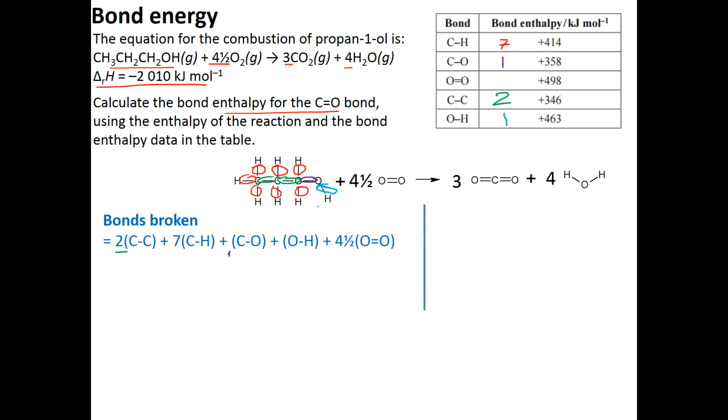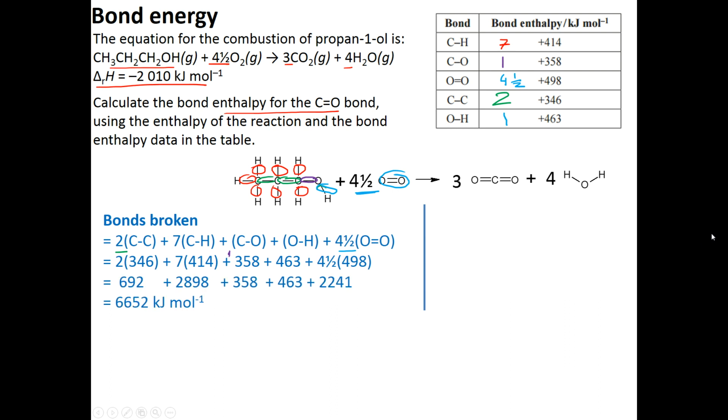So I have not missed a bond. Then finally, I have got an O double bond O, but I have 4.5 of them. So that's the number of bonds broken, and I simply substitute those values, and I get an overall value of 6652.